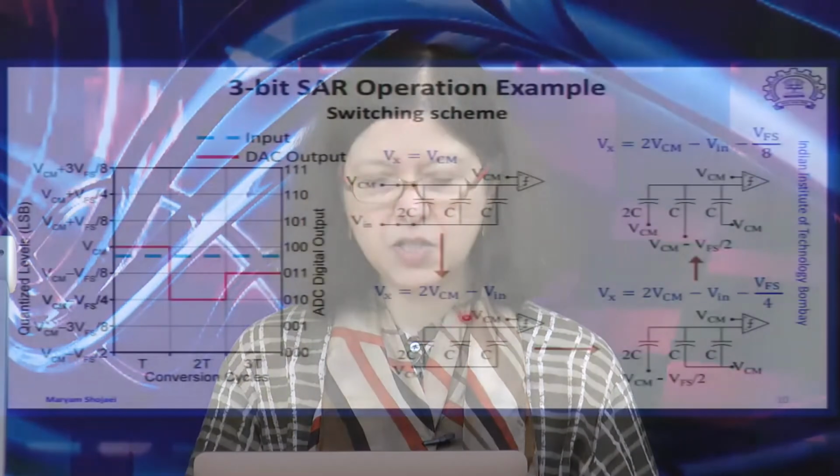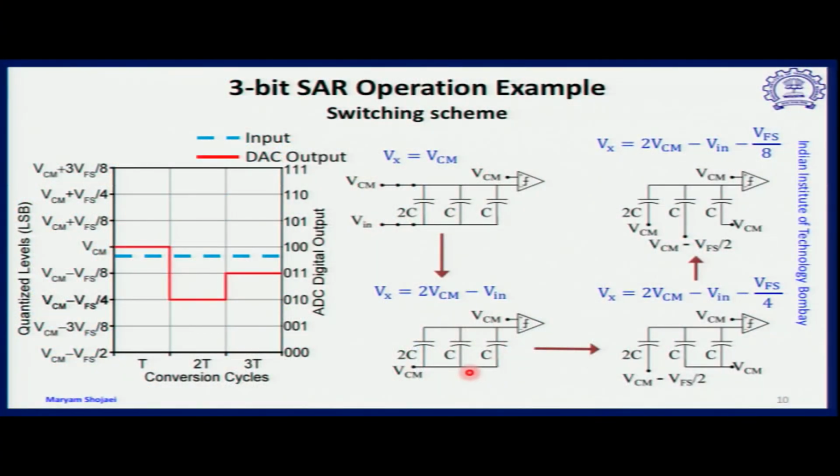This decision is made right from the beginning, because at the input we are comparing VCM minus Vin with VCM. Therefore, the output of the comparator will tell us the sign of the input with respect to VCM. In this case, VCM is above the input.